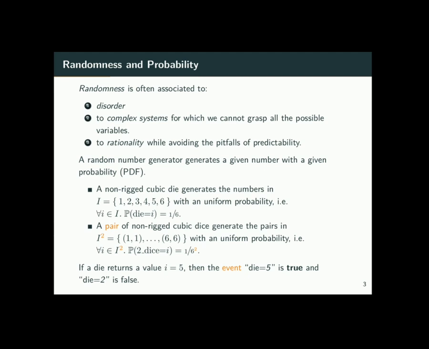One example is if you want the distribution of all the events where the sum of the faces of the two dice adds up to a given number. In this case, as you will see on the handouts, you will have a normal distribution where the most frequent value will be the median value.